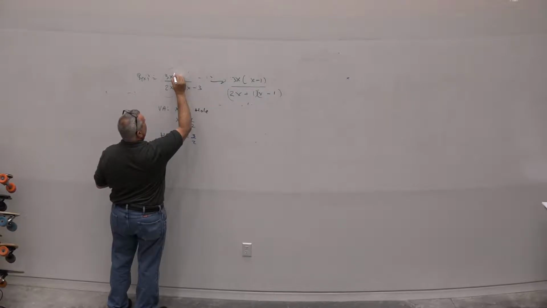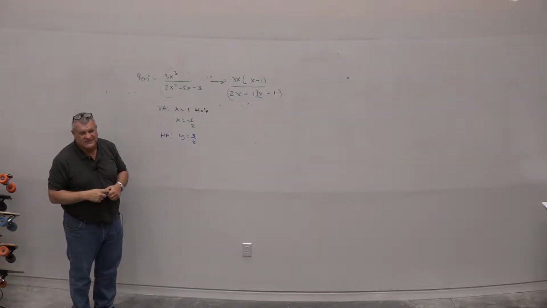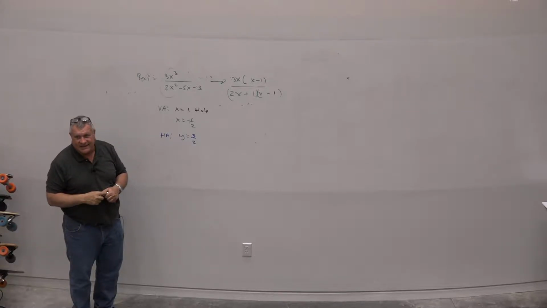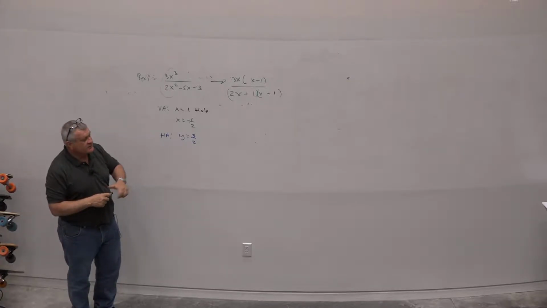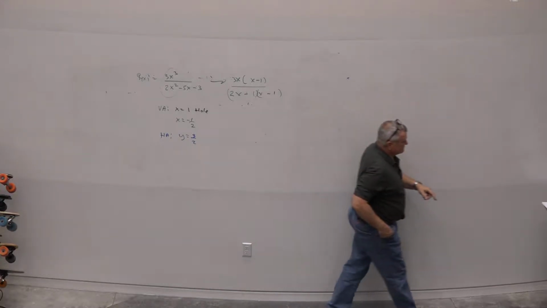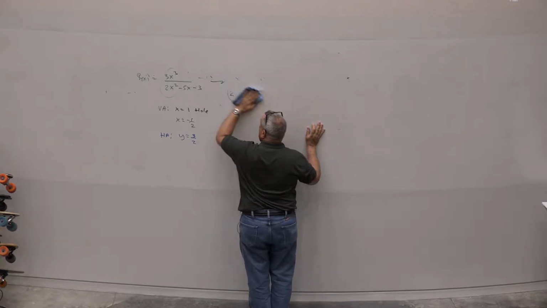Say it was this. Yeah, that's the killer, isn't it? Now I got to do long division, right? Because this is exactly 1 bigger than this. Okay, so those are the variations.